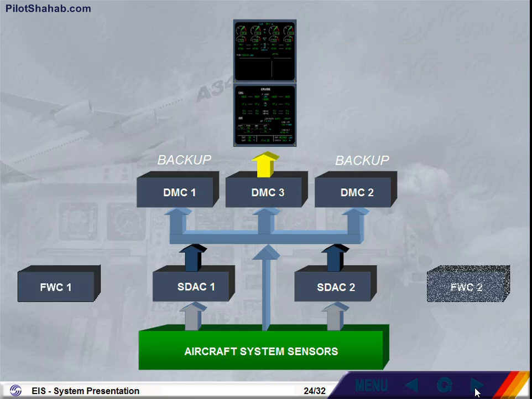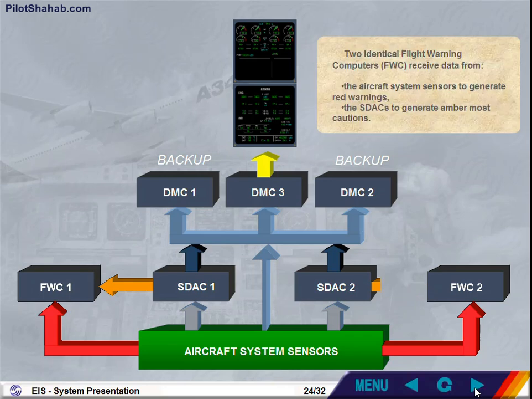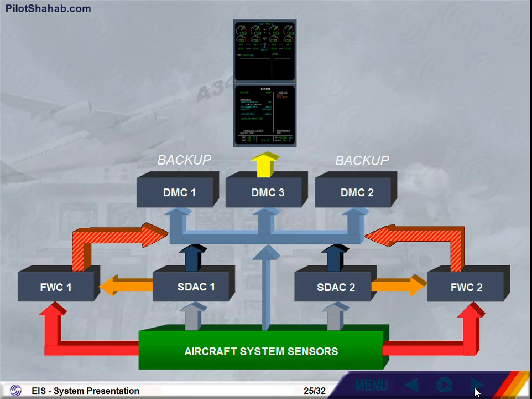Two identical flight warning computers, FWC, receive data from the aircraft system sensors to generate red warnings, and from the SDAC to generate most amber cautions. The FWCs then supply the DMCs for the display of alert messages, the attention getters, and the loudspeakers for oral alerts and synthetic voice messages.